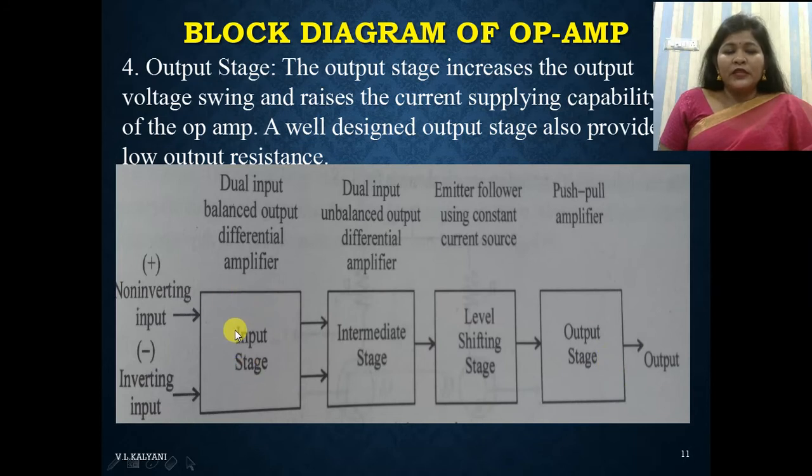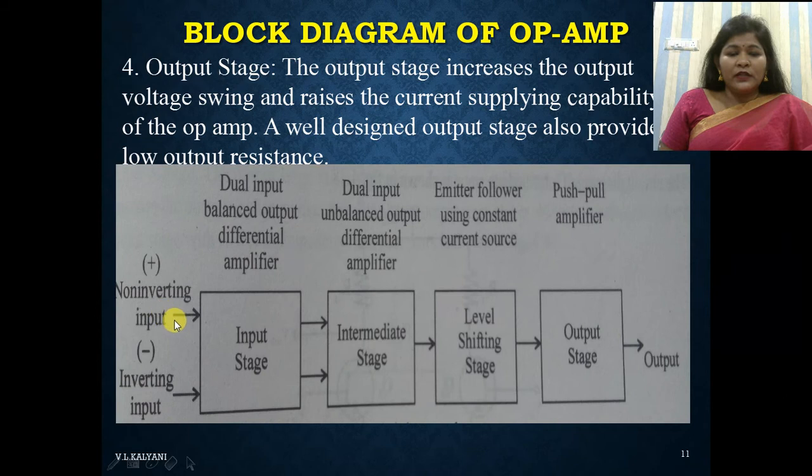The input stage consists of a dual input balanced output differential amplifier, and the intermediate stage is a dual input unbalanced output differential amplifier. The level shifting stage consists of an emitter follower using a constant current source, and the output stage is the push-pull amplifier, or push-pull complementary symmetry amplifier.